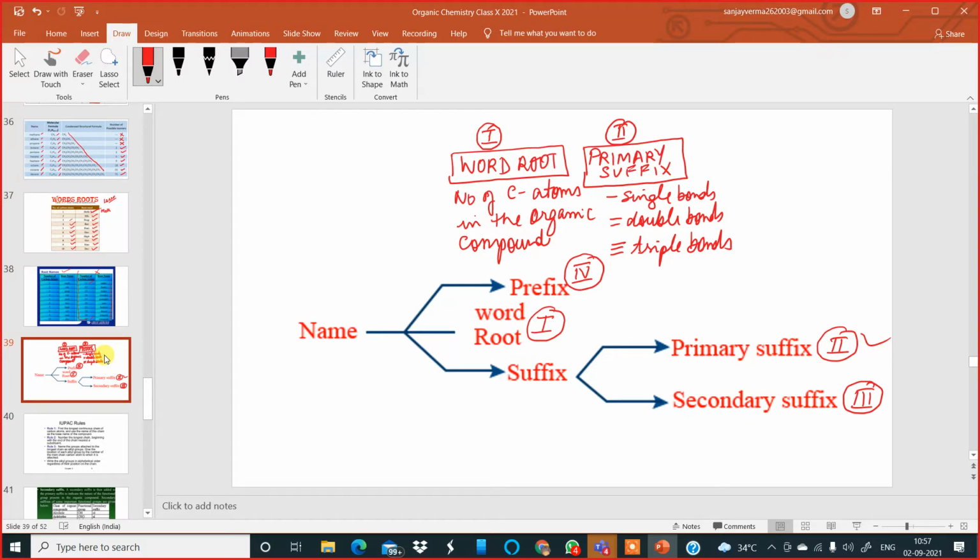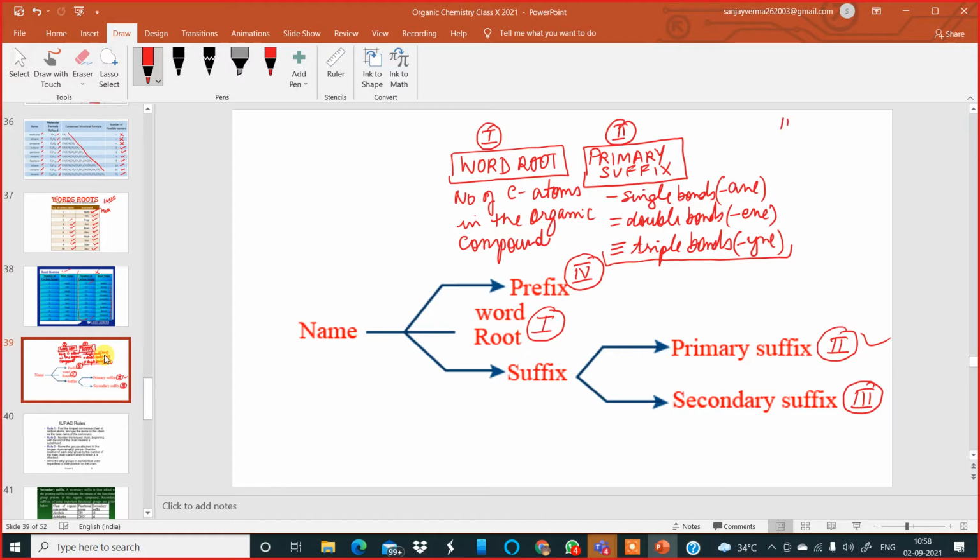If there are all carbon single bonds, then at the end the suffix we write is ane. If there are double bonds, we write the suffix ene. If there is a triple bond, then we write the primary suffix yne. So this is the information provided by the primary suffix.